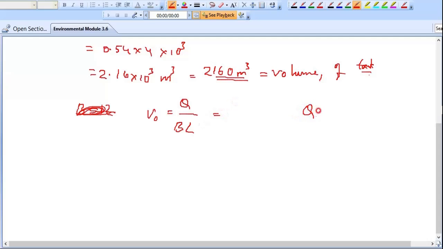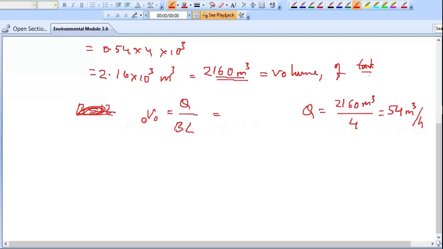Q is meter cube per hour. 2160 meter cube for 4 hours is how much? That is 540 meter cube per hour.